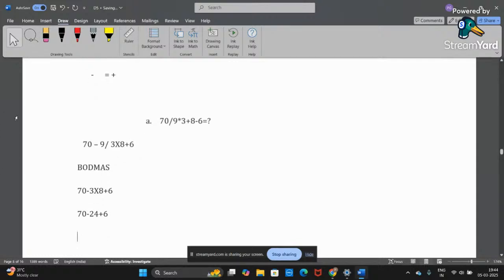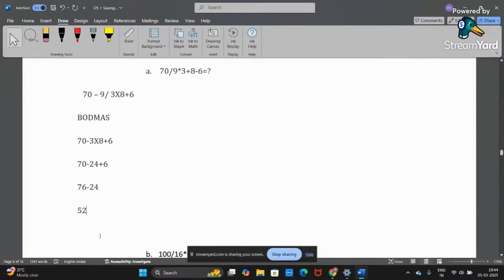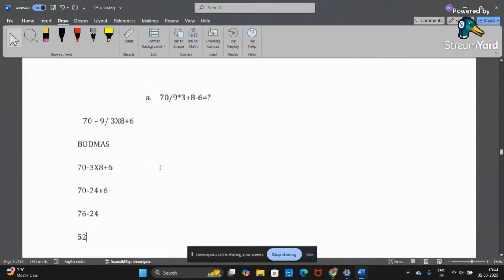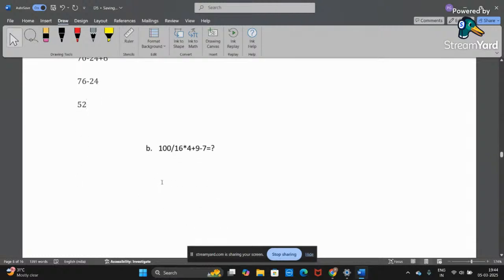Now, find the answer. 76 minus 24, it is how much? 52 will be your answer. This answer is 52. Now let's move on to next one.